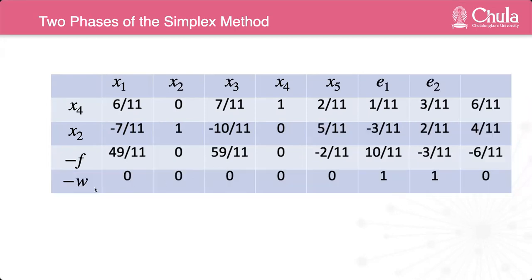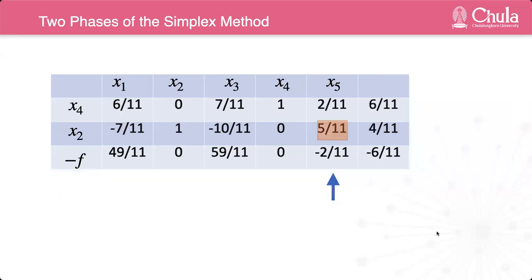We just remove this line and these two columns, and we obtain this table. If we look at this table, it's the only column which has a negative coefficient. So x5 will be introduced into the basic variable set.